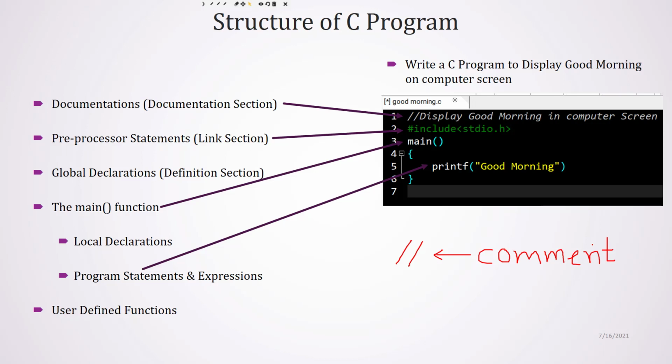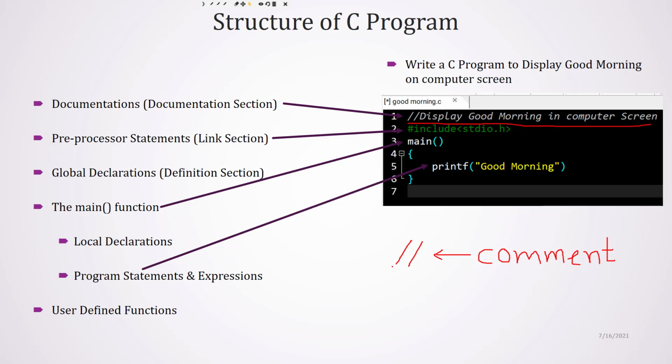Anyway, this is our first program, and we will discuss some 60 or 70 programs in this C programming course. When you open a program, to get an idea about it, we use the documentation part. After some 3 months, if you open the program, you have to get an idea of its purpose.